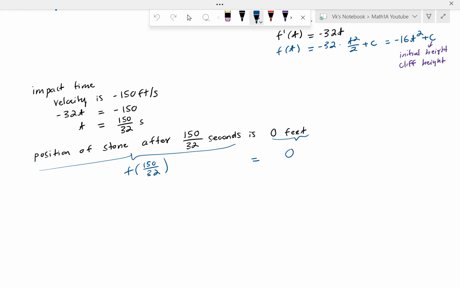So we do the substitution and solve for C. Negative 16 times 150 over 32 squared plus C equals 0. C is 16 times 150 over 32 squared, which is approximately 351.56 feet.